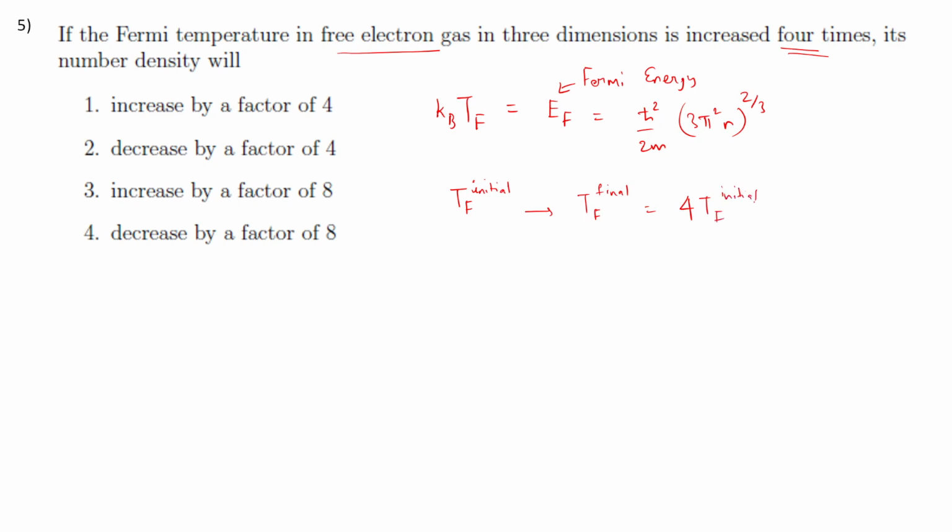The number density of electrons goes from n initial to n final.